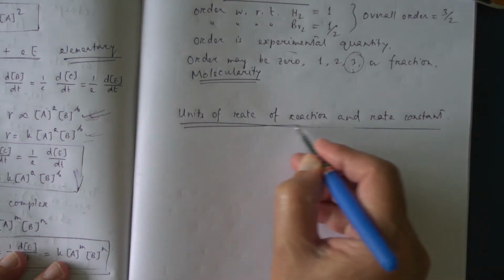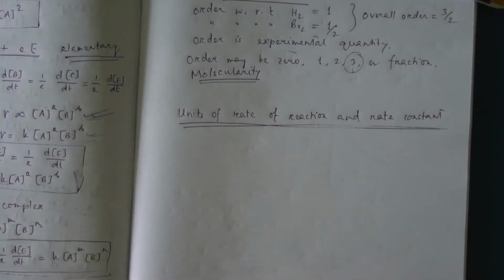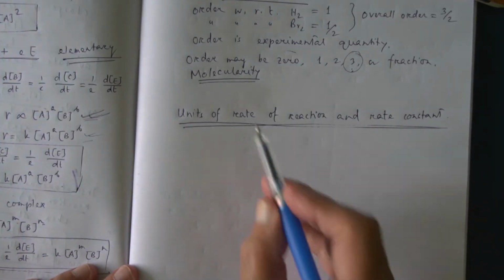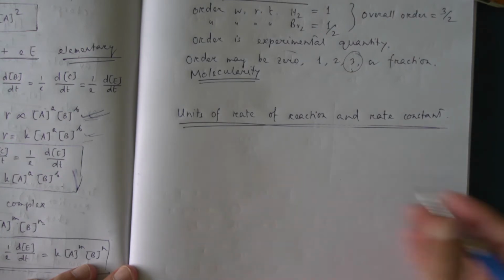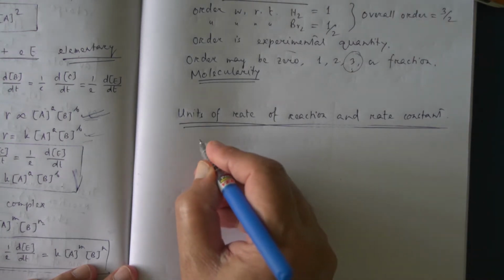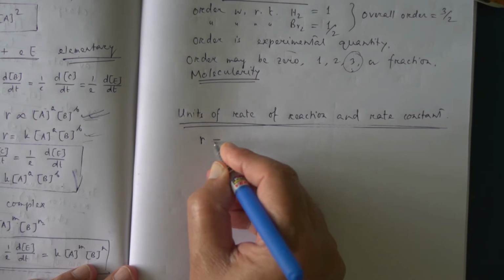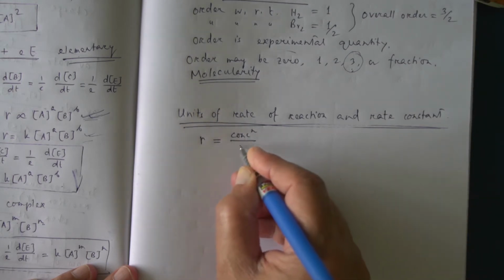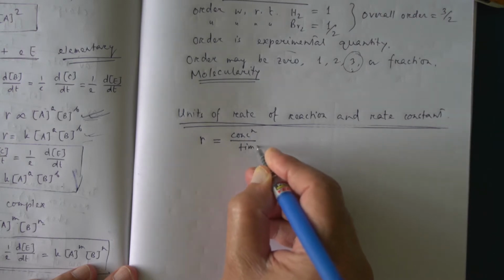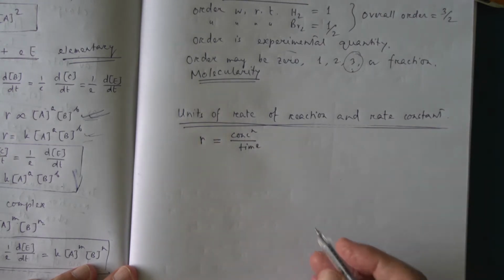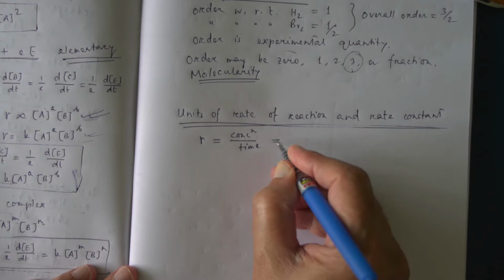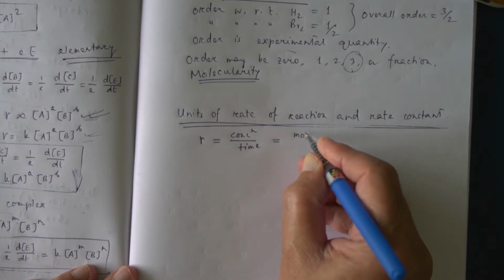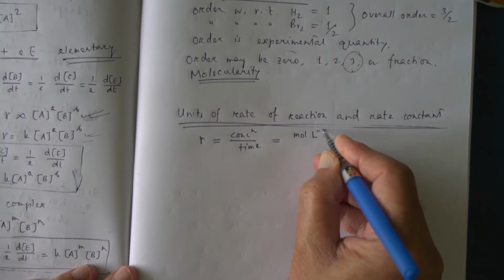This is important. Okay, the units of rate of reaction and rate constant. Okay, so what is rate of reaction? Rate of reaction equals concentration by time. Now what is the unit of concentration? Unit of concentration is mole per liter.